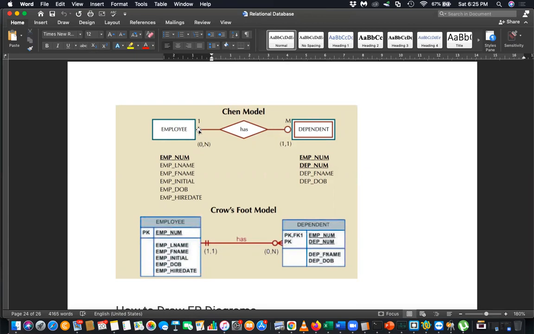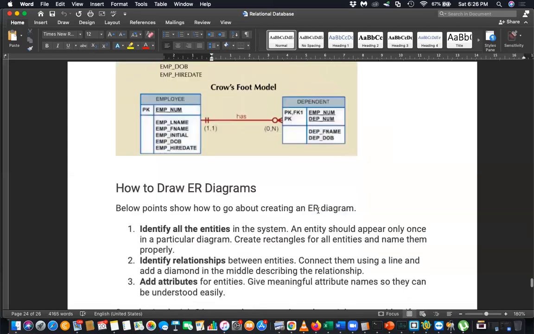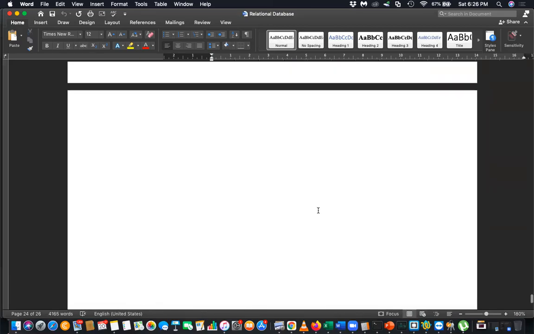I don't know whether this relationship is correct, but it mentioned like one can work for many departments, but department has only one employee. I think it should be the other way, right? Oh yeah, it's mentioned like here 0, 1, 0, 1, right? Yes.